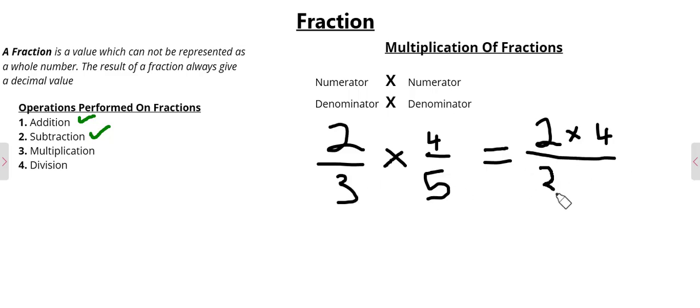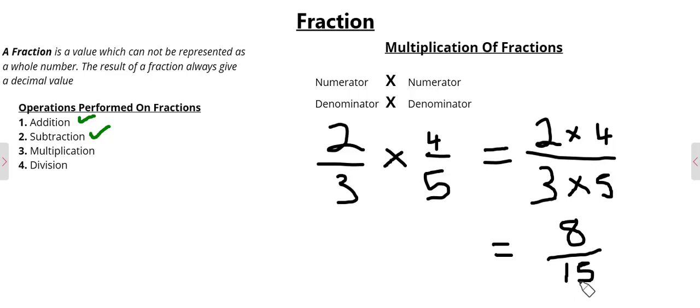So we have 3 times 5, and you already know the answer. So 2 times 4 is going to give us 8, correct?